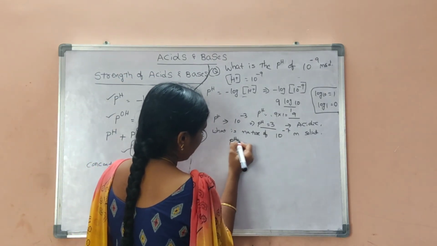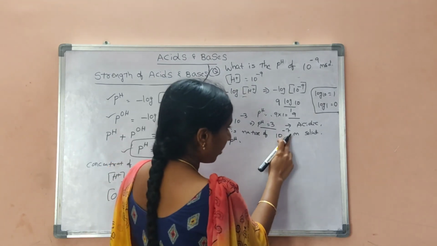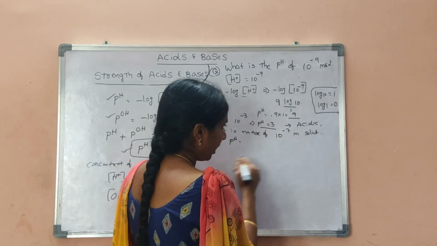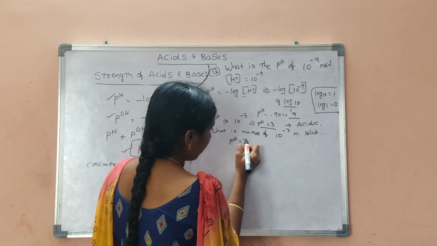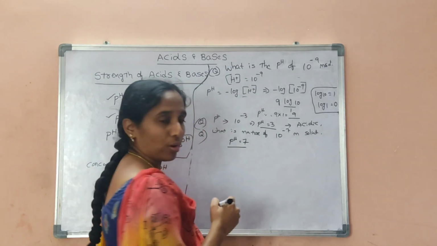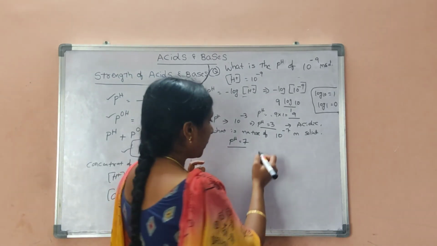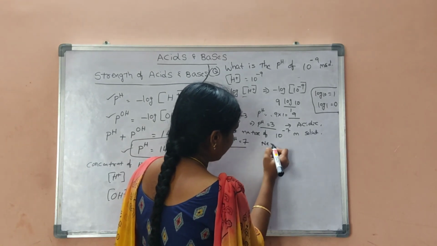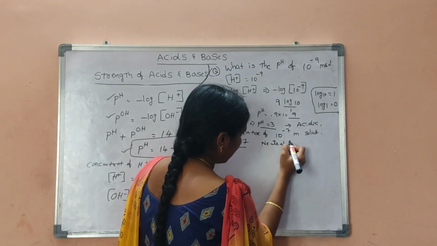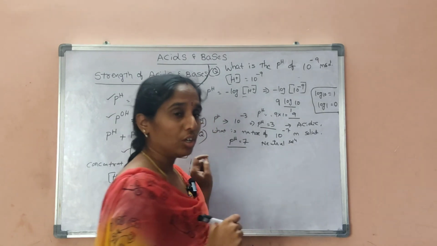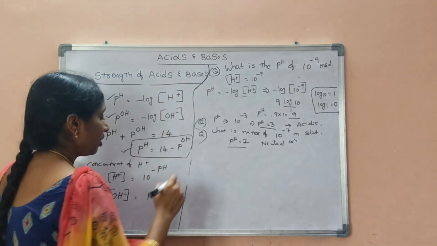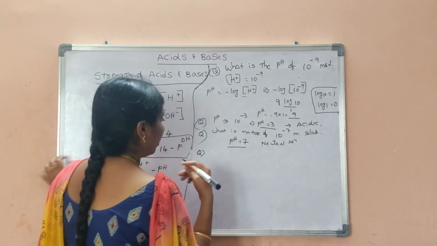In the power, what is the number? 7. So you can remove the minus, then write directly pH equals 7. It is a neutral solution. What is the nature of solution? Neutral.